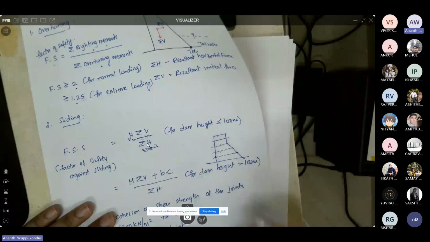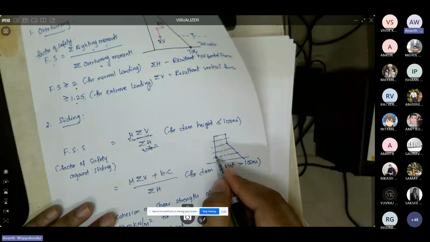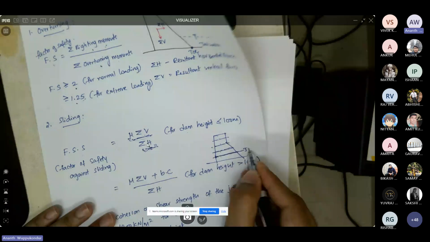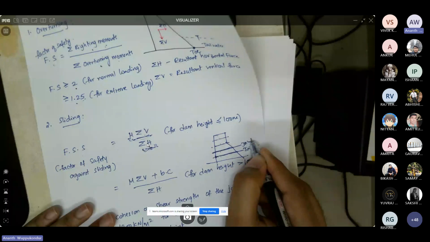When you are building the dam in stages, you would be providing joints between the two sections of concrete. So this is a joint here. And here, this is a joint again. So you have different joints along the section of the dam.